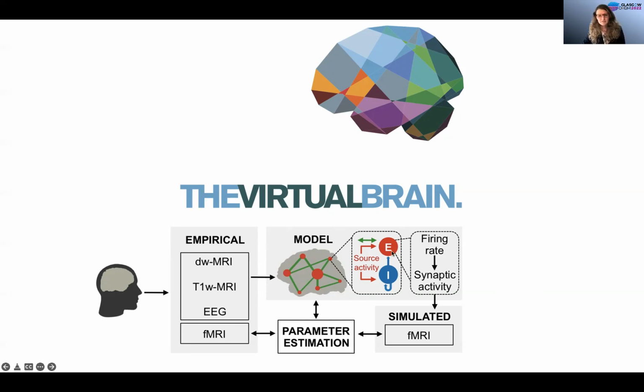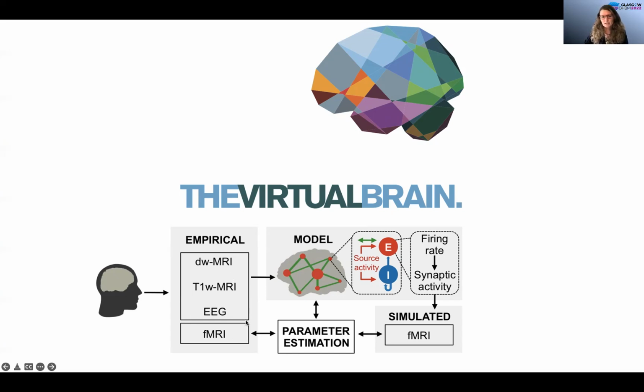So this picture gives you a slight overview in a short version how the virtual brain works. You can see that as an input, we need a real brain, an empirical one, or at least data of it. So most often the data that's used as input to the virtual brain is individual MRI images. T1 or diffusion weighted imaging, both would be best.